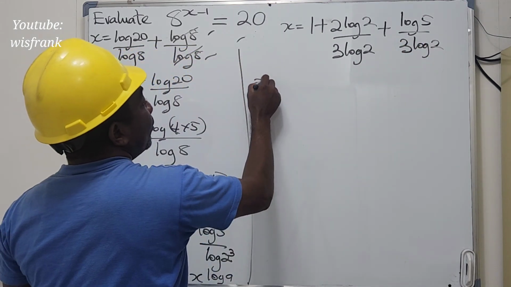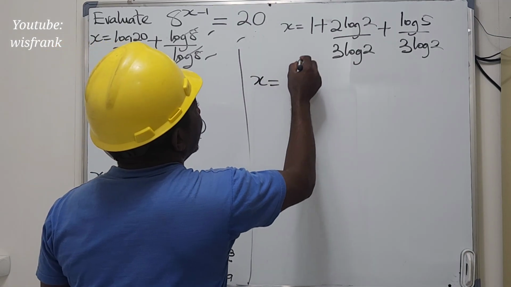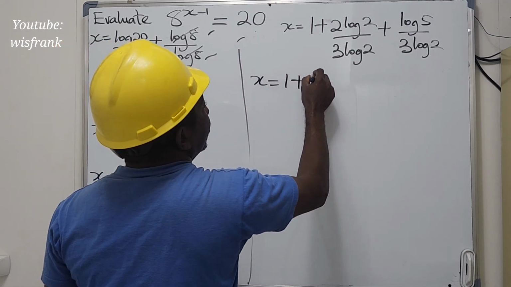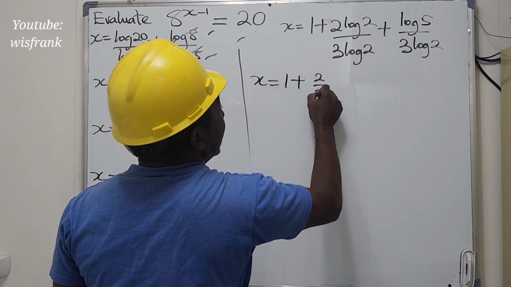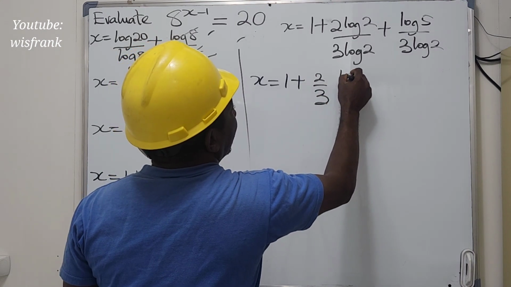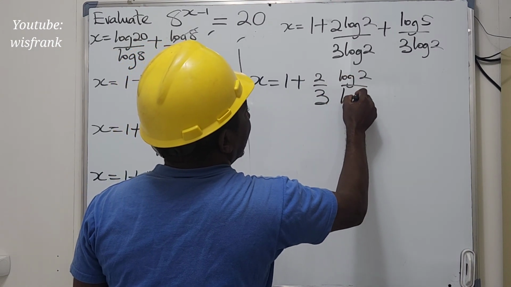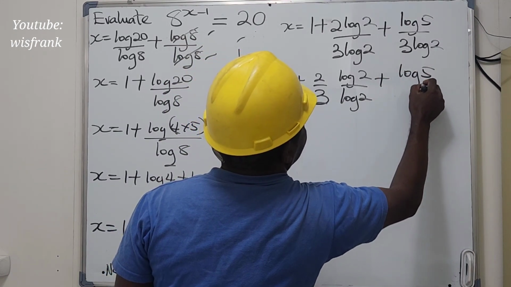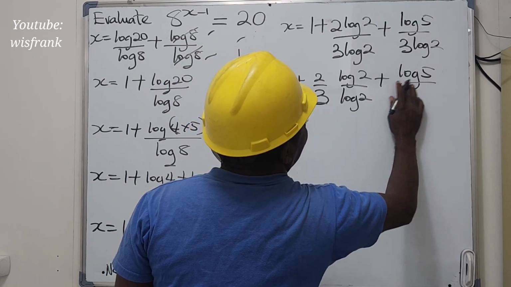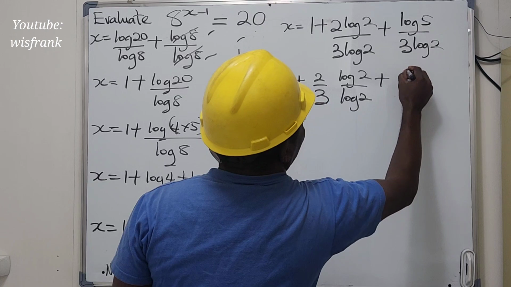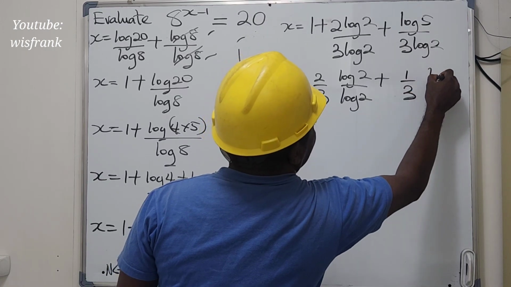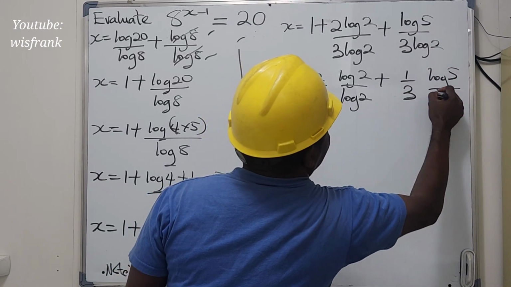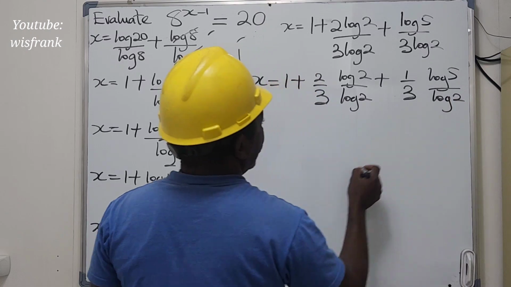So in that case, our value of x will be the same thing as 1 plus 2 over 3 times log 2 over log 2, plus 1 over 3 times log 5 all over log 2.